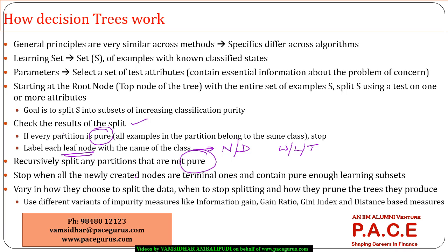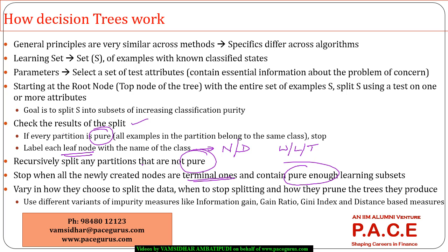So that's how recursively the whole splitting process happens, to such an extent that based on different attributes I should be able to split the tree, and in the process of splitting the tree I should be able to improve the purity levels. So stop when all the newly created nodes are terminal ones and they are pure enough. When I'm saying pure enough, to a large extent they should belong to one of the groups.